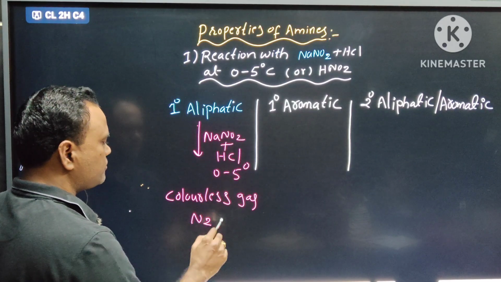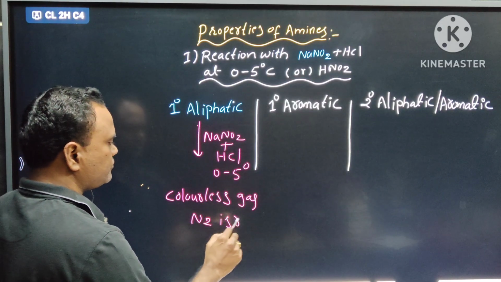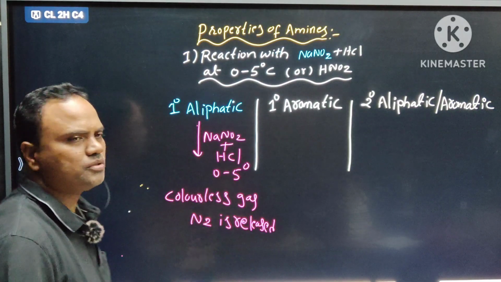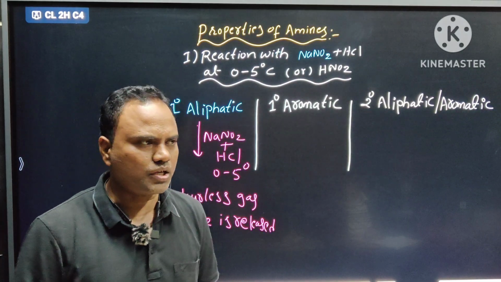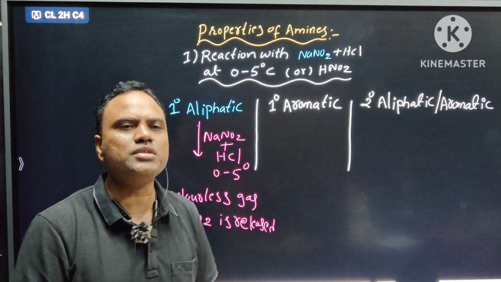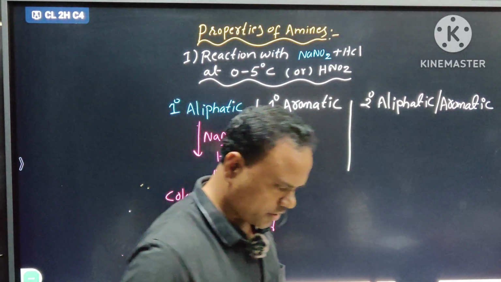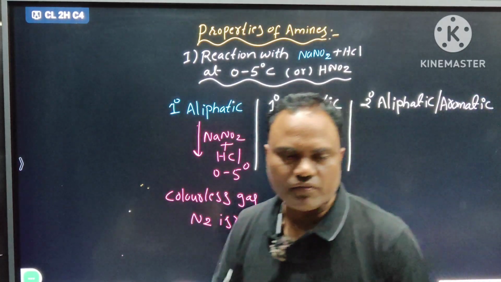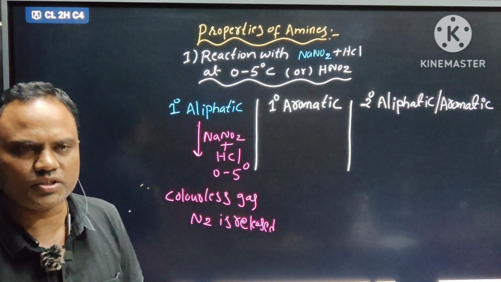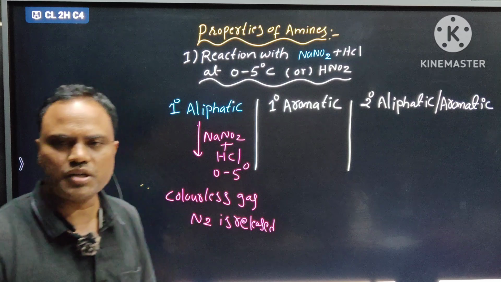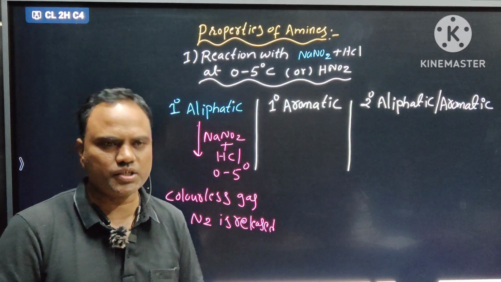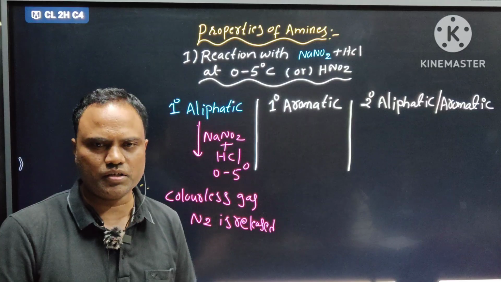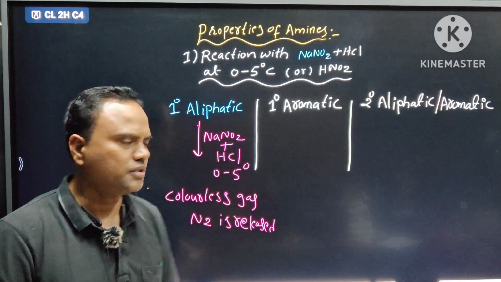N2 is released. What is that colorless gas? Nitrogen. Very, very important. Only primary aliphatic amines when treated with NaNO2 plus HCl release colorless gas N2. This is the distinction test. Right? Only primary aliphatic.